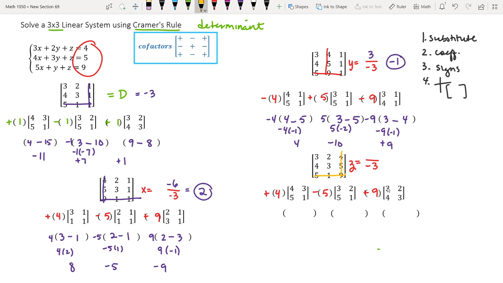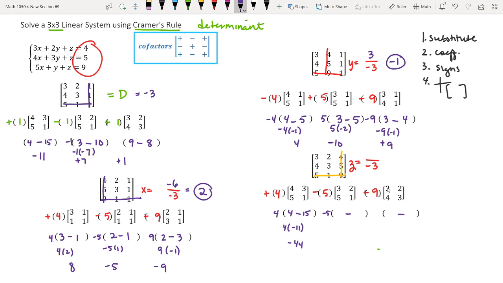The biggest mistake we make with determinants really comes down to the fact that we just copy wrong. So don't rush it. That'd be my advice for you. Okay, so positive 4, 4 and 15, so 4 times a negative 11, negative 44.